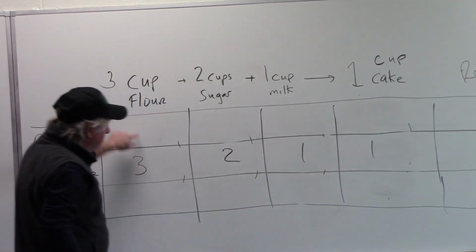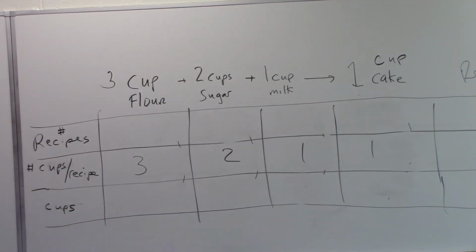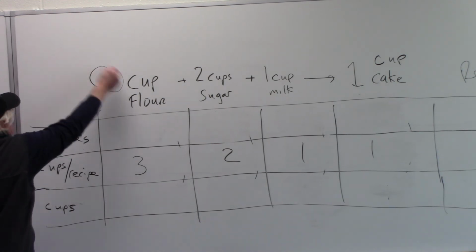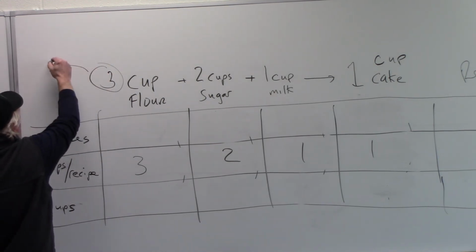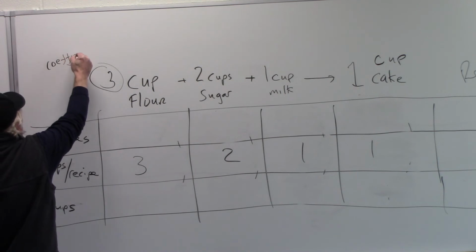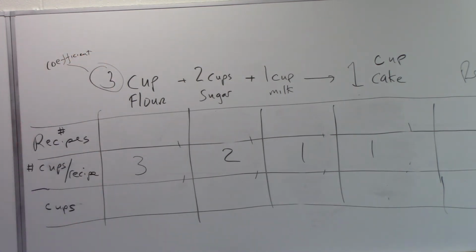What is going to be variable are these ones. The number up here, which in chemistry we call the coefficient, is basically how many per recipe. That's going to go right here in the second row. And we're going to be using this table throughout our chemical equations.